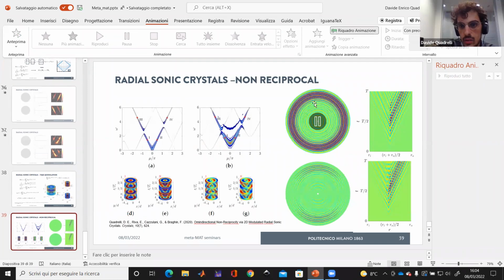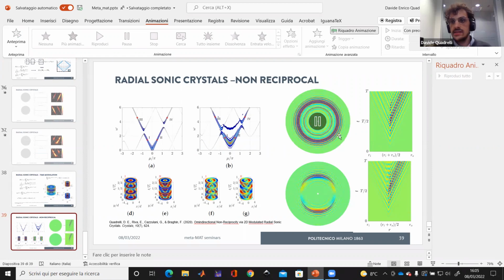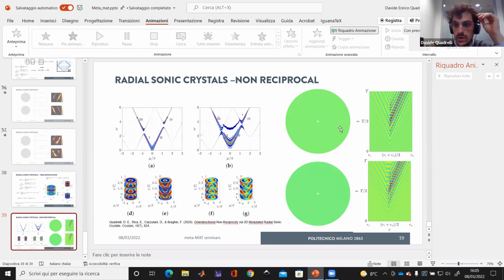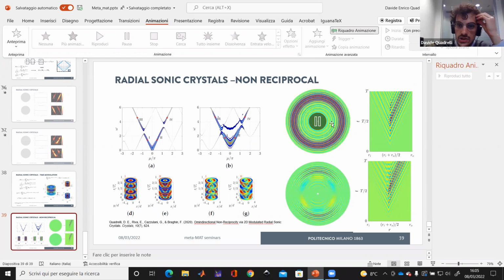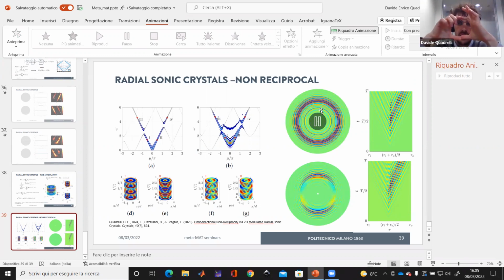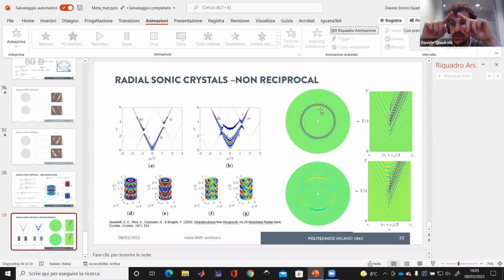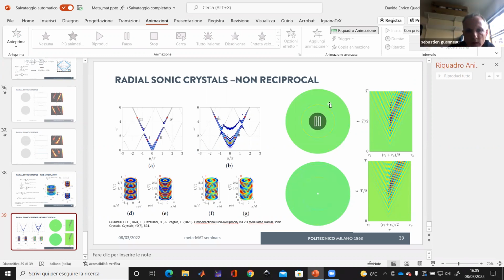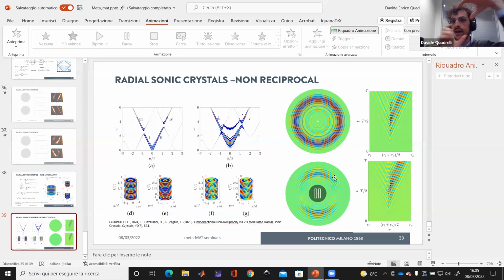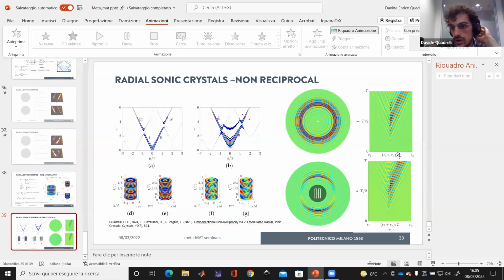When I go back here, we use an excitation that has the same symmetry as the mode we want to excite. For example, we can give an initial pressure excitation which is constant along a circle to excite the monopole alone, or a dipole excitation to excite only the dipole.